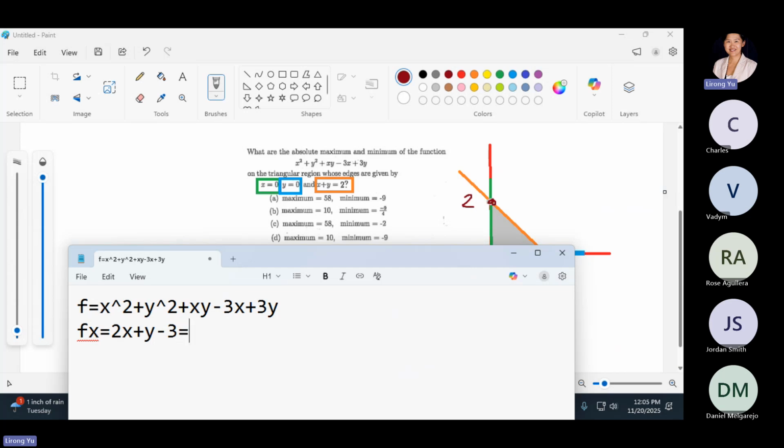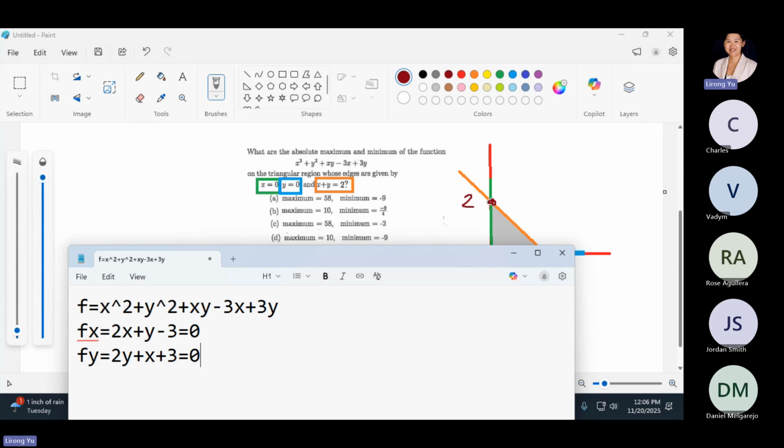We set this equal to 0 in the effort of finding the critical point. The partial derivative in y is 2y plus x plus 3, which equals 0. So we're setting them equal, and we have this system of equations.